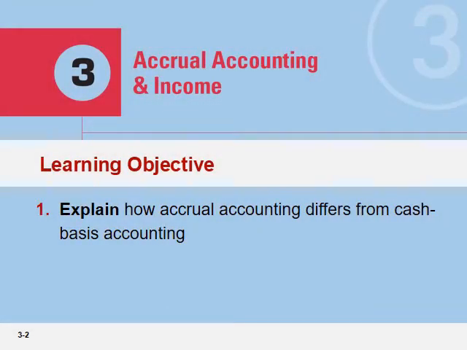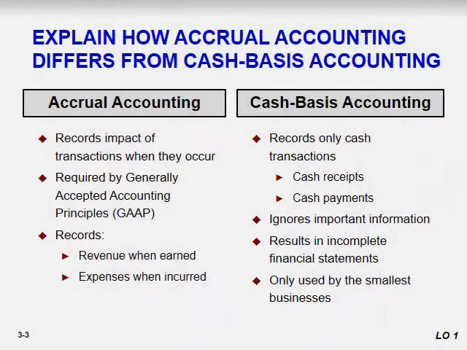Today we will start chapter 3, and our first learning objective is to explain how accrual accounting differs from cash basis accounting. So let's explore that. So the managers obviously want to earn profit.